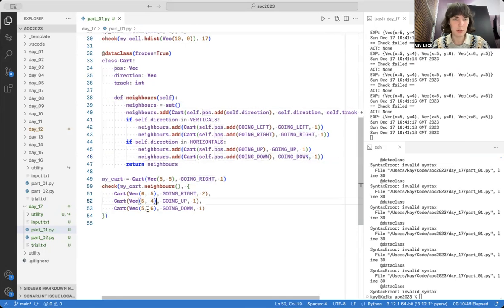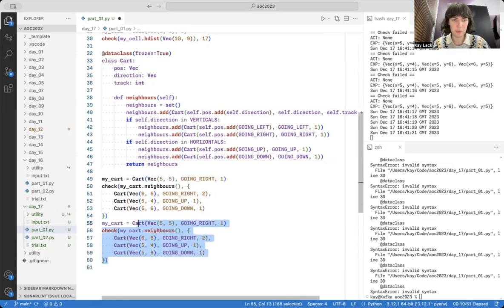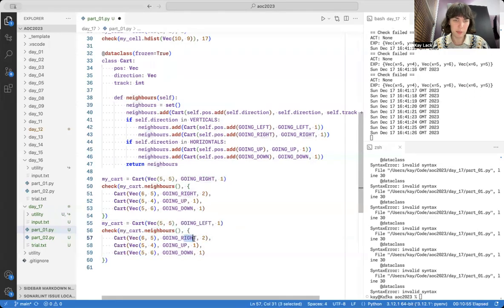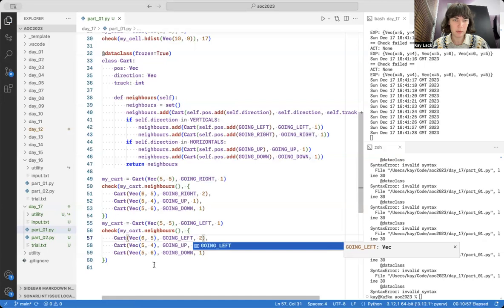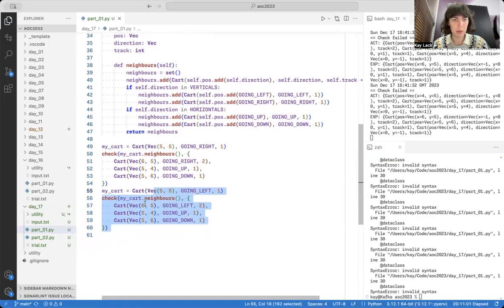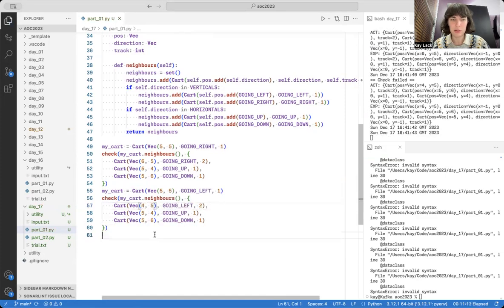Okay, that's good. We're going left, it's the same, but we're going back one. So we should be going 4 here. Correct.